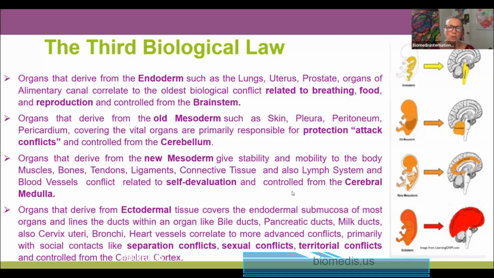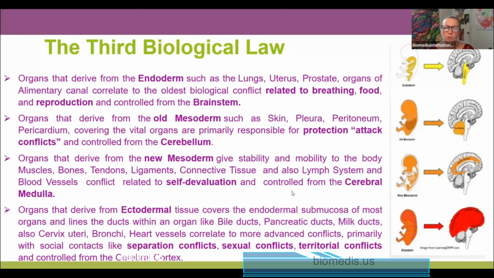Organs that derive from the old mesoderm are skin, pleura, peritoneum, pericardium. They cover the vital organs and are primarily responsible for protection or attack conflicts. They are controlled by the cerebellum in the brain.